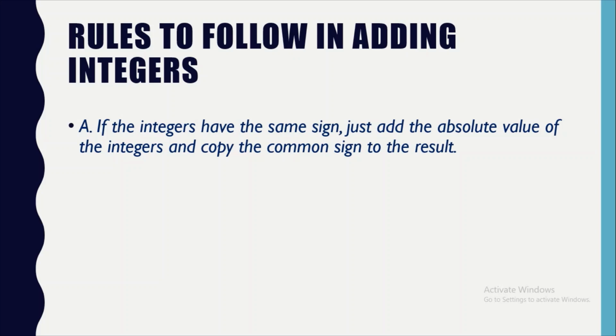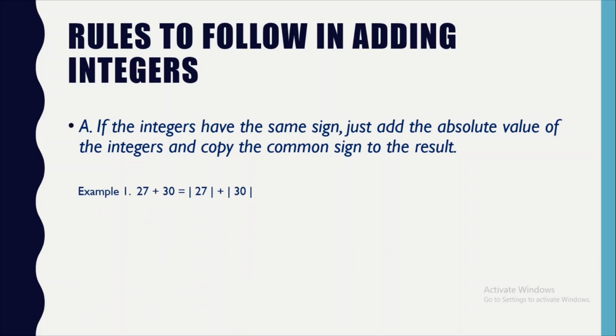Pag yung integers daw, pareho yung kanilang sign, pareho silang positive, or pareho silang negative, ang gagawin mo lang is just add the absolute value of the integers. And after you get the sum, just copy the common sign of the integers to the result.